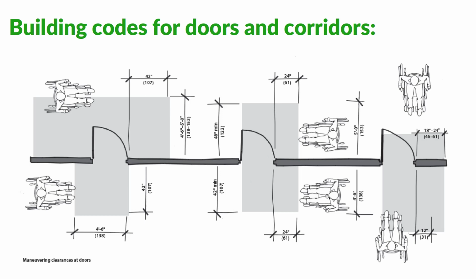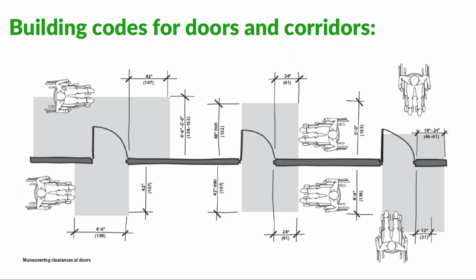Over here, we're seeing an individual approach on the push side, handle side, and they're pushing the door that way. So they need a 42-inch minimum width here, and then at least 24 inches by the handle. Over here, with a straight approach, a minimum of 12 inches by the handle.